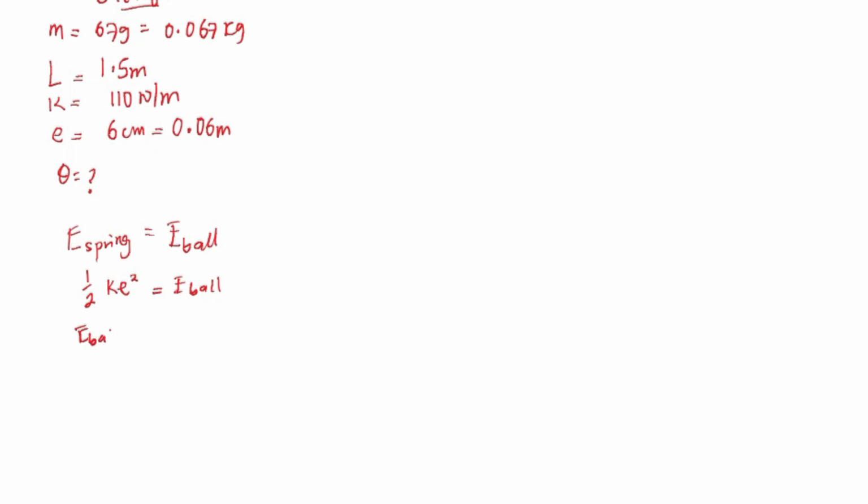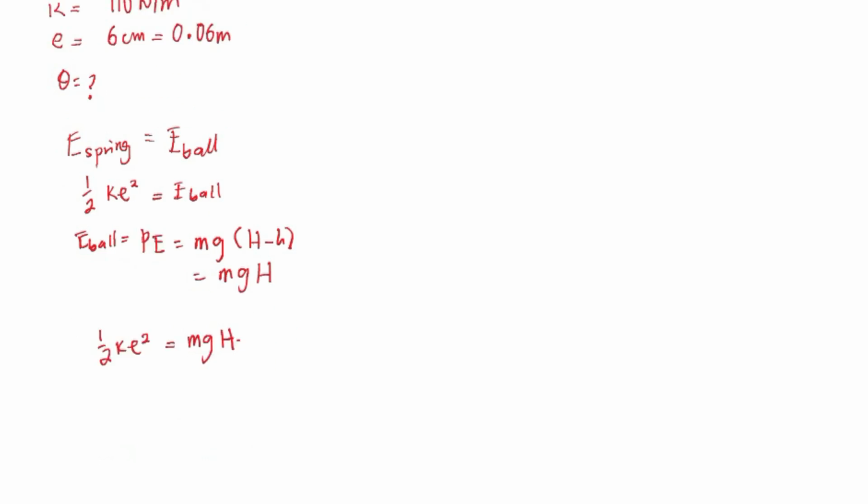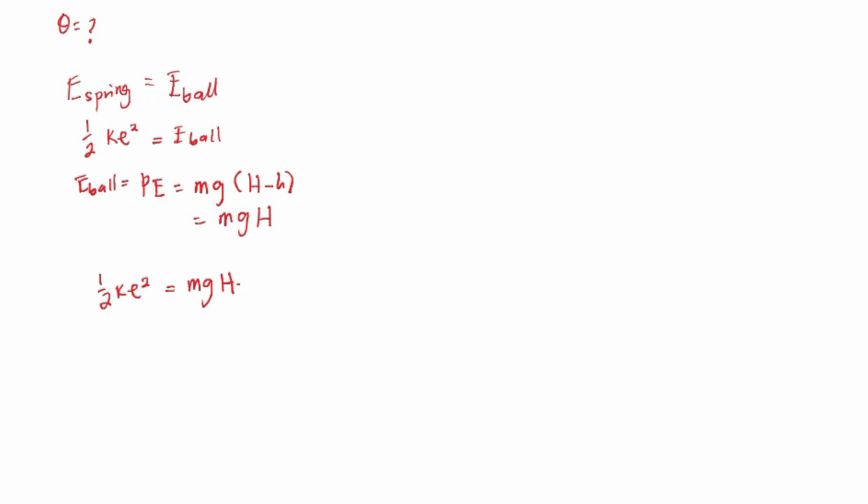So the energy of the ball is a potential energy which is expressed by mg times h minus h initial. Because the initial height is 0, this is mgh. So now I have half ke squared equals mgh.